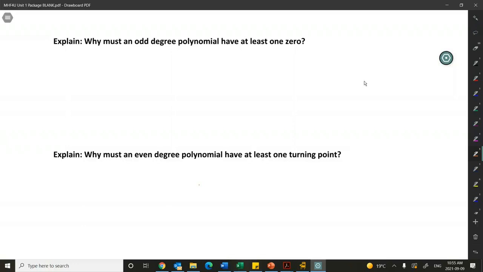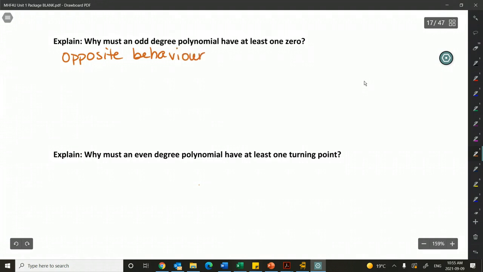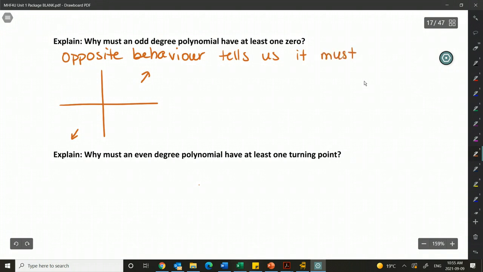And that means that because I have opposite end behavior, my graph either starts facing down and ends facing up, or vice versa. Somewhere in the middle, in order for that to happen, it's going to cross the x-axis. It has to have some sort of area in between here where it crosses the x-axis. So opposite end behavior tells us it must cross the x-axis on its way from a lower quadrant to an upper quadrant, or an upper quadrant to a lower quadrant.